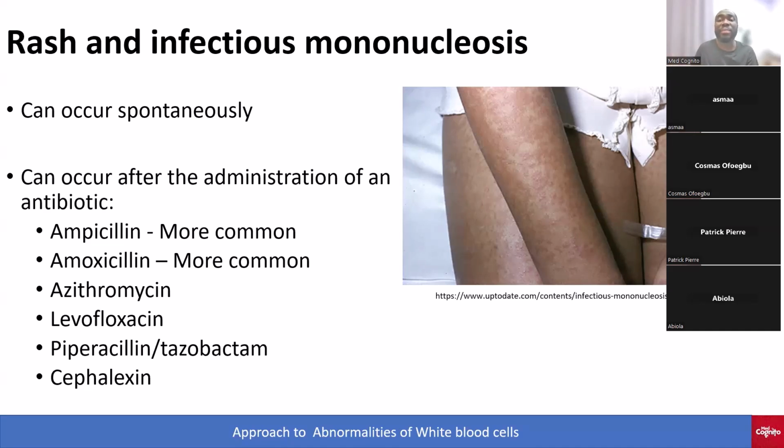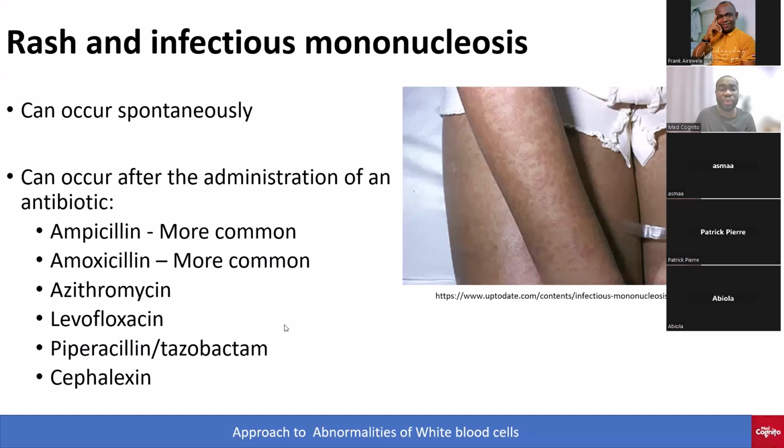Now, can somebody tell me a little bit about rash and infectious mononucleosis? Dr. Frank, rash and infectious mononucleosis, please. Right. A patient can come in with a sore throat, and the doctor thinks the patient has just pharyngitis and decides to give antibiotics like amoxicillin or ampicillin, and the patient now develops a rash.